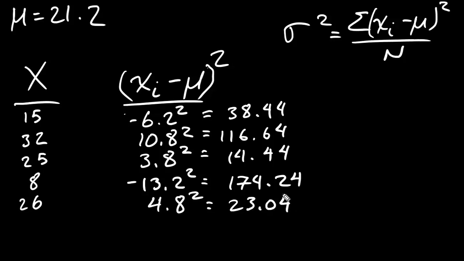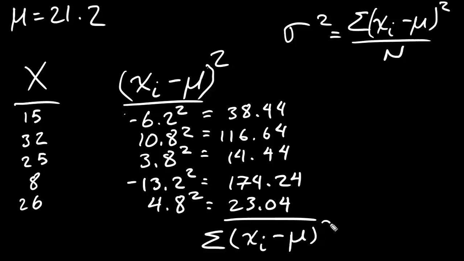Once we have all of these squared deviations from the mean, we're simply going to add them all together, and we're going to get 366.8.